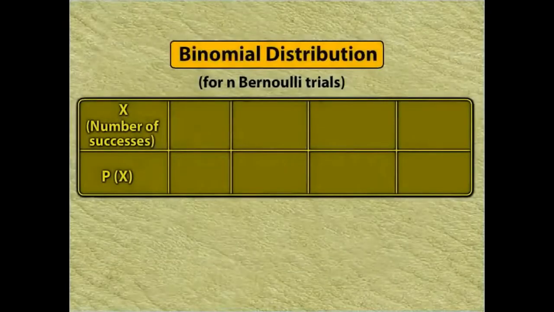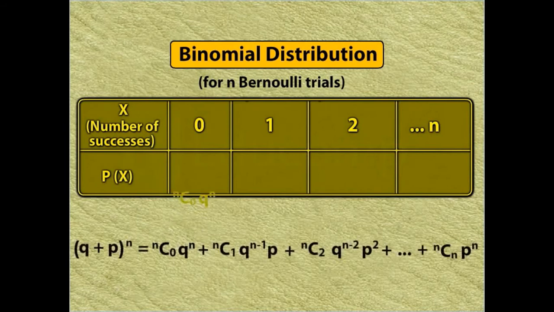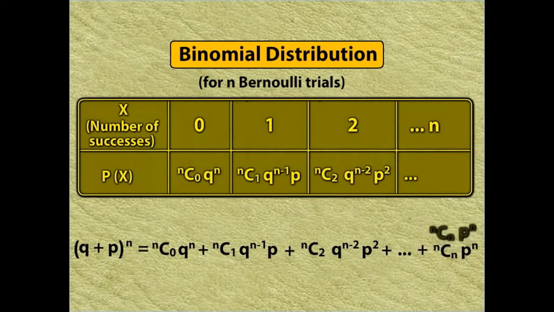This discussion helps us to conclude that in an experiment of n Bernoulli trials, the probabilities of 0, 1, 2 and so on till n successes is given by the first, second, third and so on till n plus 1th terms in the expansion of the expression q plus p whole raised to the power n.